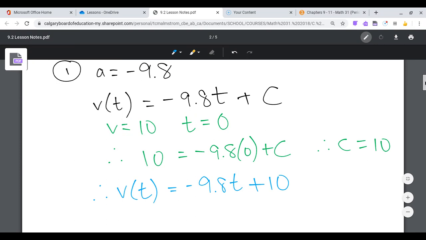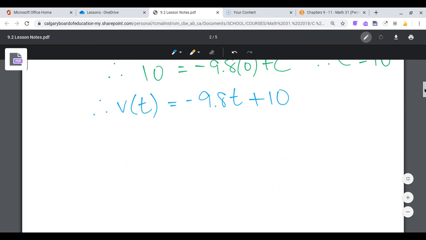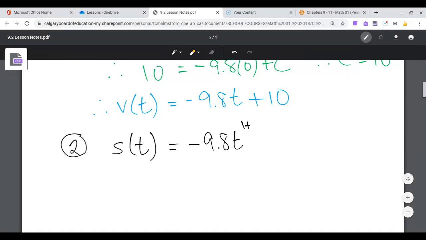I have to finish this completely before I can take the antiderivative again, or integrate again, to go to the position function. I need to know what that constant value is. So it's asking for the position function. If I know v of t, then I can find s of t. I'm going to add 1 to my exponent on t, divide by that new exponent, plus 10t plus a new constant, which I'm going to call d, because it's likely not going to be the same as the c value we found in the previous step.